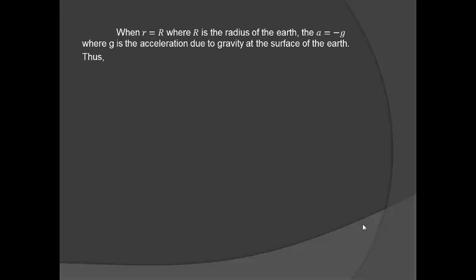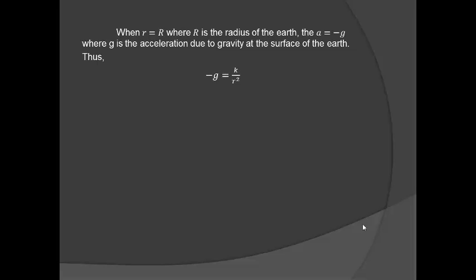When r is equal to the radius of the earth, then the acceleration will be equal to negative g, where g is the acceleration due to gravity at the surface of the earth.